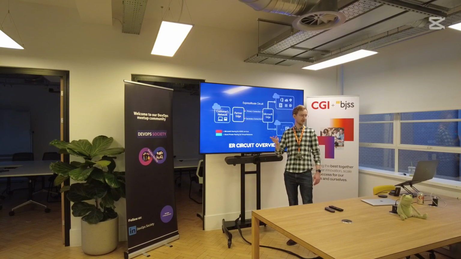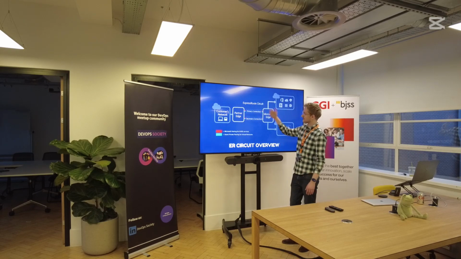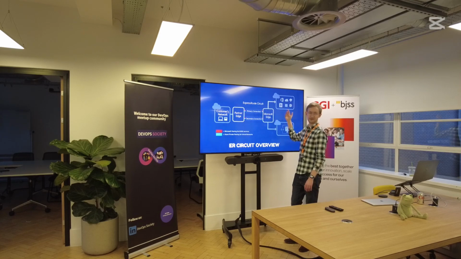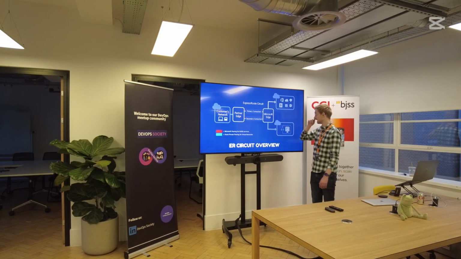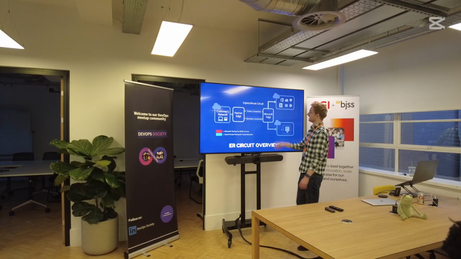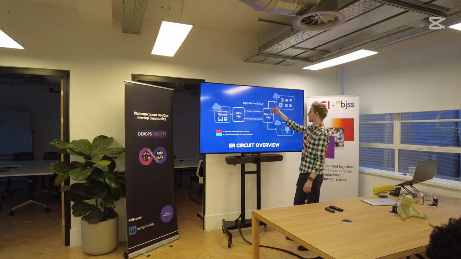Think BT, Equinix, which I think is a really large American company, Megaport. They essentially help these enterprises connect with Microsoft. All this connectivity is over fiber and these massive circuits. And you have primary and secondary connections, which are for redundancy.